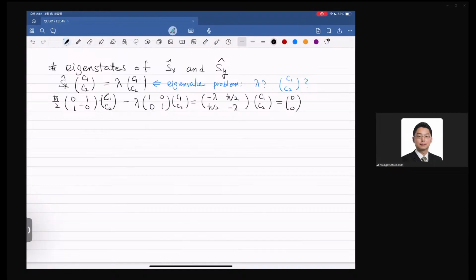I just move the eigenvalue lambda from the right-hand side into the left-hand side, and then you rearrange the problem, and to avoid the trivial answer of 0, 0, your determinant needs to be 0 in this case. So which is this one.